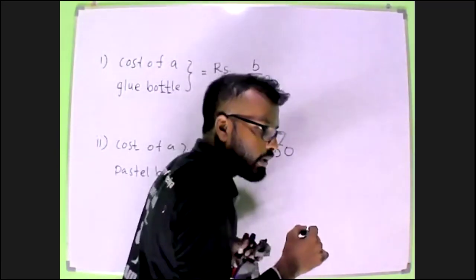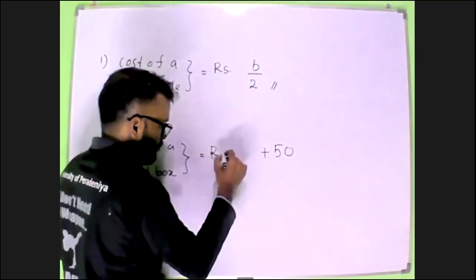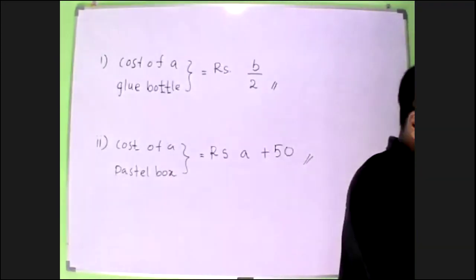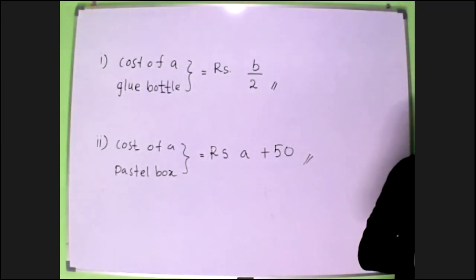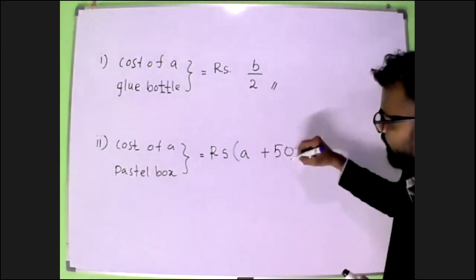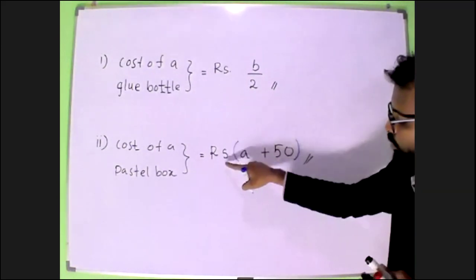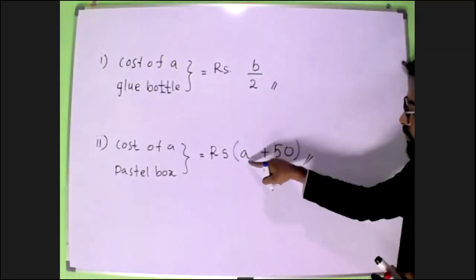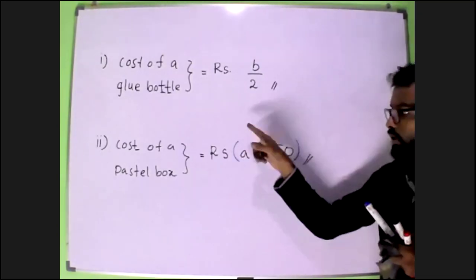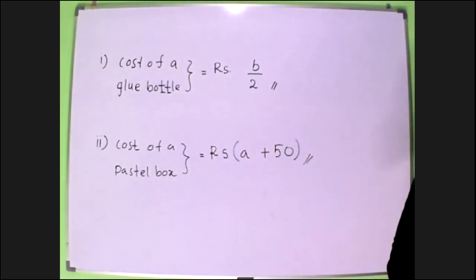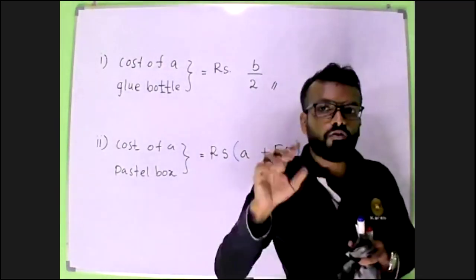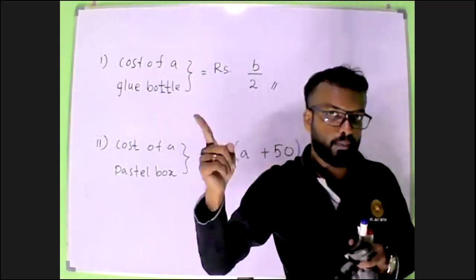What is the cost of a drawing paper? A rupees. So A plus 50. If you want, you can put brackets, because rupees is common for both A and 50. Then express the total cost of 5 drawing papers.